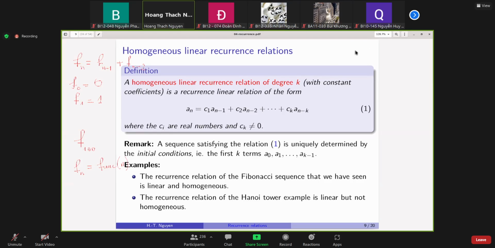All right. So in order to find a general formula for the terms of a sequence defined by a homogeneous linear recurrence relation and some initial conditions, we need mathematics.